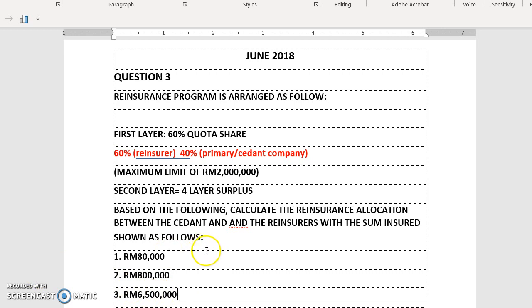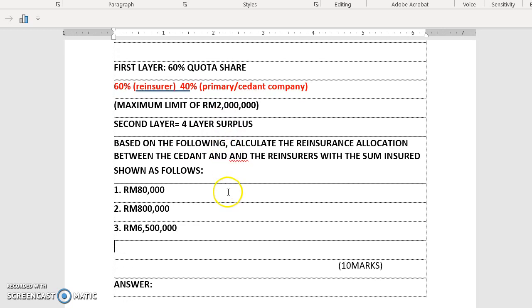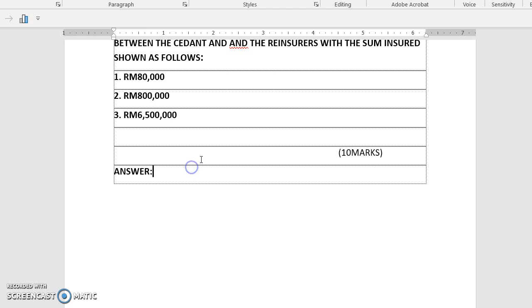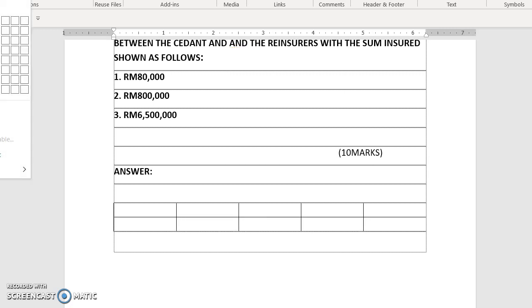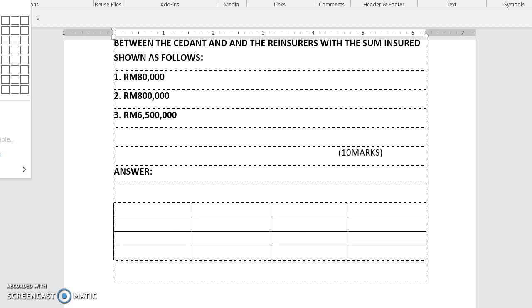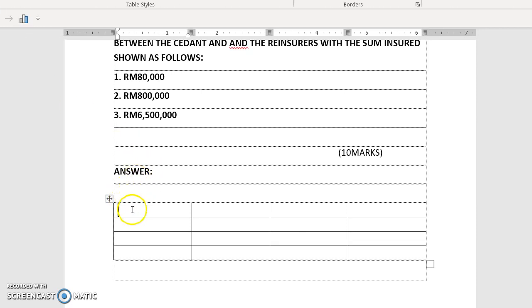Firstly, to calculate this amount, you have to make a table first, so that it is easier for you to do the calculation part. Firstly, write the amount of sum insured, because we will calculate based on the sum insured.